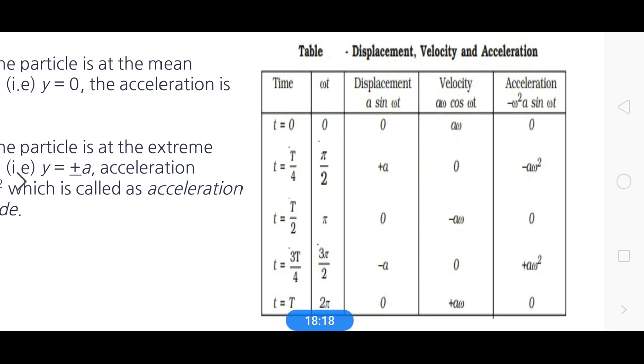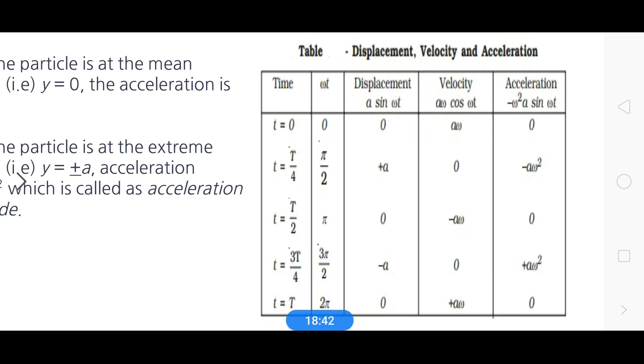Next, t is equal to capital T by 4. So what is the value of omega t then? It is pi by 2. Omega is equal to 2 pi by T, into T by 4.